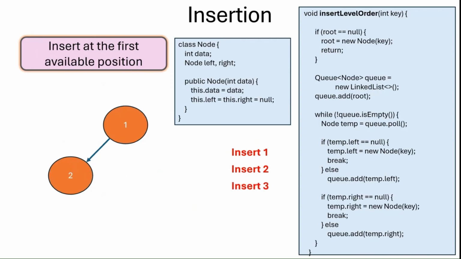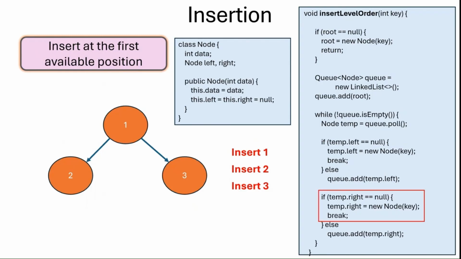When we insert three, similarly, we again start from the root, which is one, and continue till the queue has some nodes to process. Basically, we continue till we process all the levels and find the first empty slot. You can see if we find that the left child of the node is empty or null, then we can use that as the first empty slot and create a new node there.